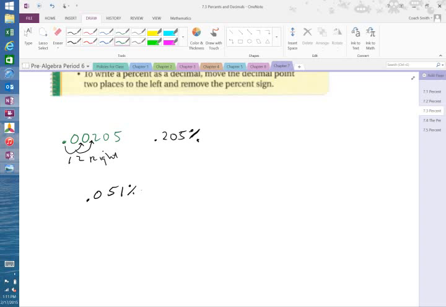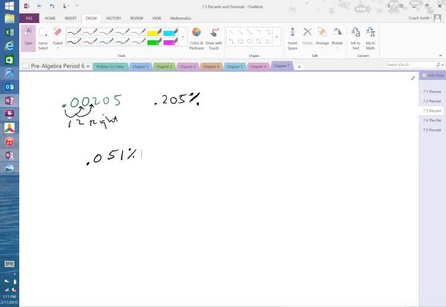That's a decimal percent. There is a difference between a decimal and a decimal percent. And you still do the same thing. To change a percent to a decimal, we're going to take 0.051 and move it two places to the left. So there's your decimal, so I have to add two zeros, so I get 0.00051.